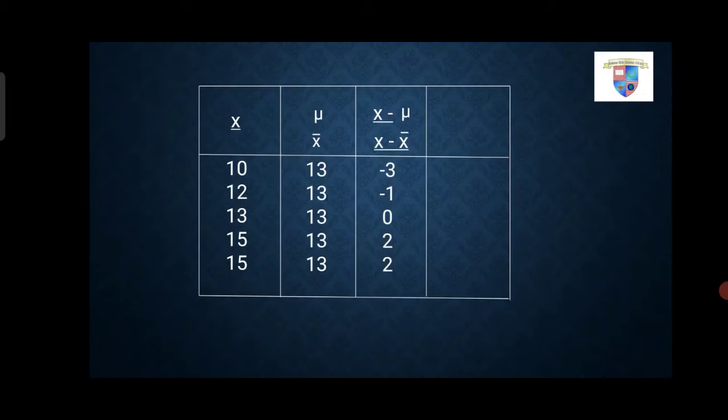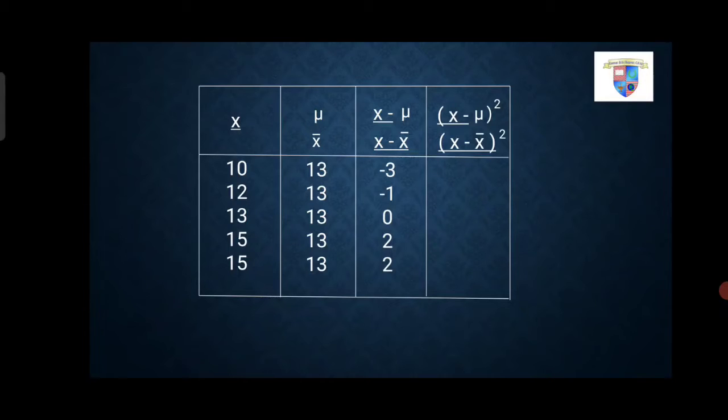The next one is 12 minus 13 equals -1, and 13 minus 13 is 0. 15 minus 13 equals 2, and 15 minus 13 equals 2.